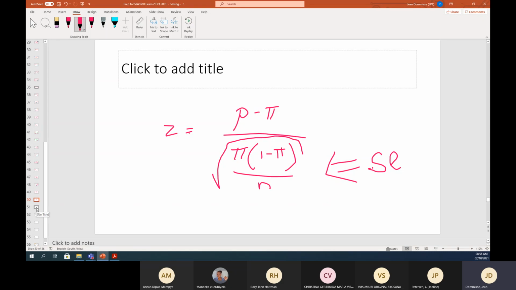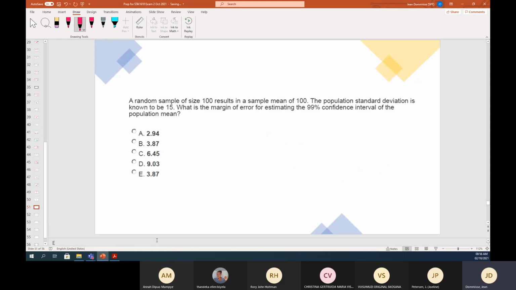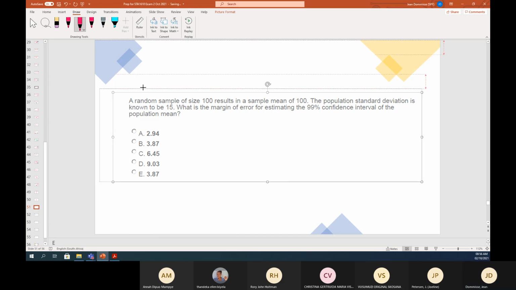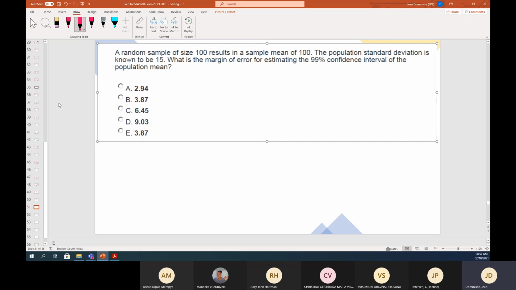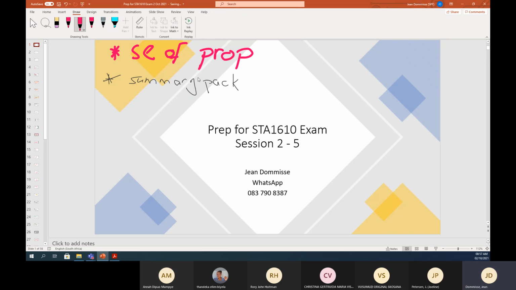I'll look at one of those to add to our questions for next week. So I need to add an extra one on proportion as well, because you will get a proportion question.